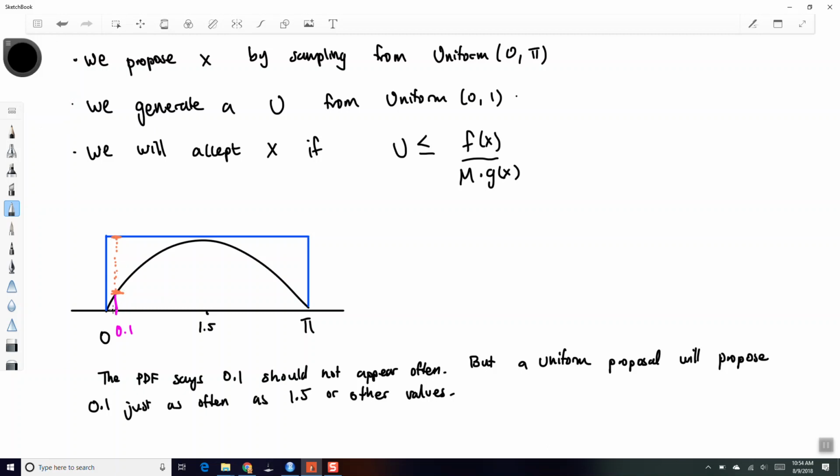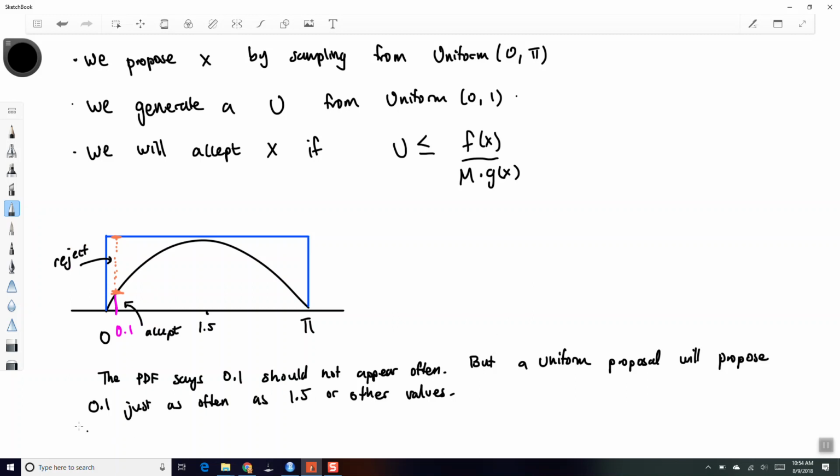It looks like this is maybe 20% of the way up. I'm just eyeballing this, and this isn't even an accurate picture, but most of the time we generate a value of 0.1, we should probably reject it. If it falls up here, we would reject it, and if it falls down here, then we accept it.